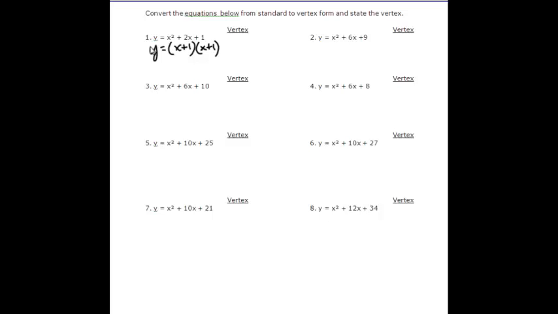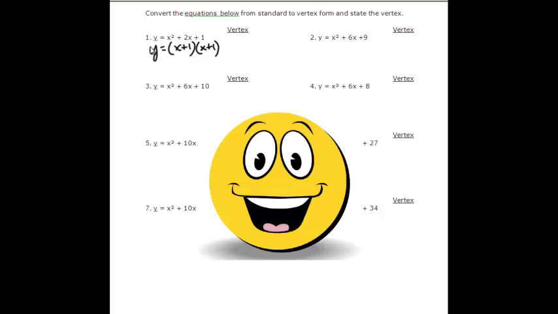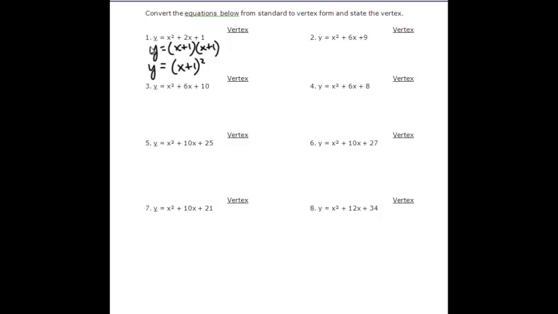And hopefully here you're seeing a little connection and saying, aha, I see. That's y equals the quantity x plus 1 squared. Perfect. And what that means is my vertex is going to be -1, 0, because I don't have my k, my k is 0.